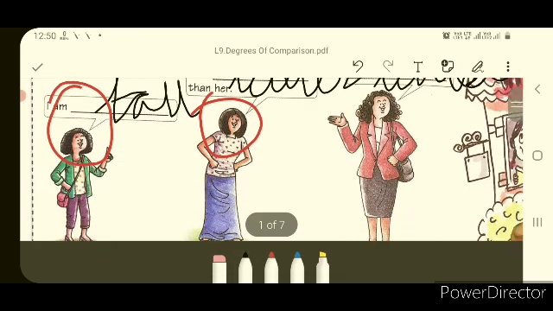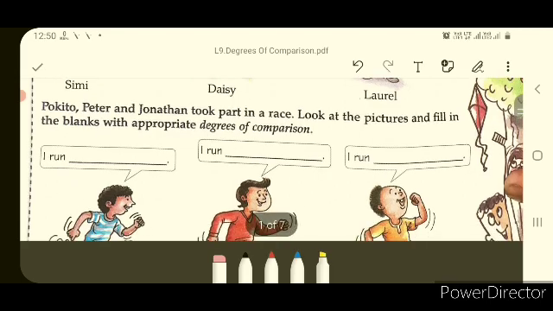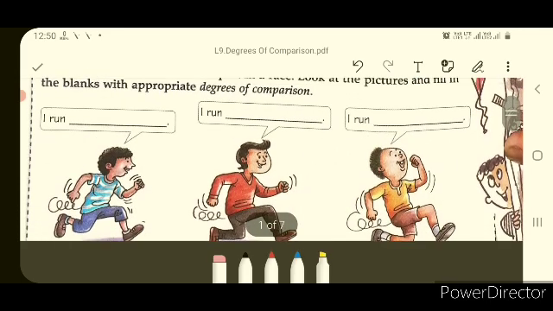Moving ahead, one more example. Poquito, Peter, and Jonathan took part in a race. You are asked to look at the pictures and fill in the blanks with the appropriate degree of comparison. Very easy. Run. What adverb do we use with run? Fast, isn't it?